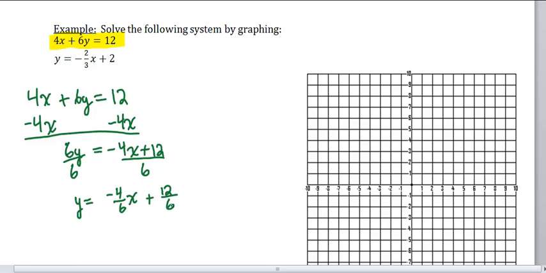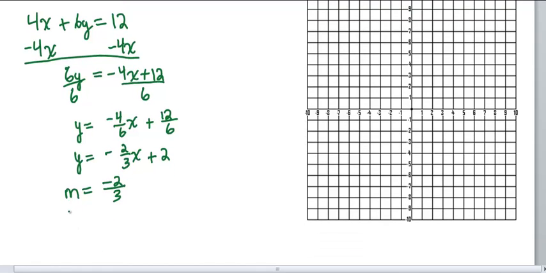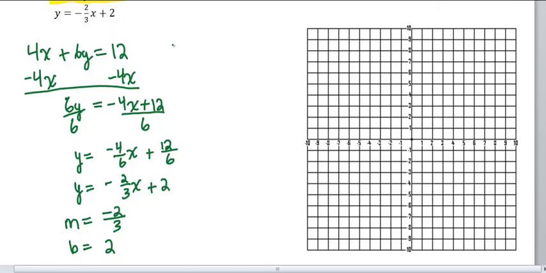Because we're going to have to simplify a little bit. -4/6 x, 6 and 4 have a common factor of 2, so that's actually -2/3 x. And 12 divided by 6 is 2. So in this case, we get a slope of -2/3, attaching that negative with the 2, and a y-intercept of 2, or the point (0, 2). All right, so that's our first line.